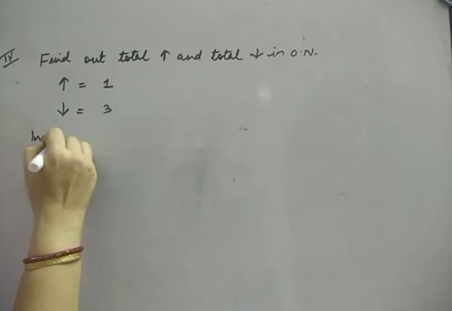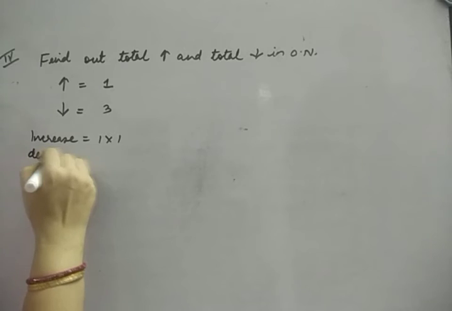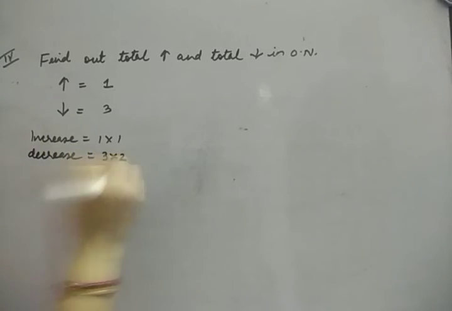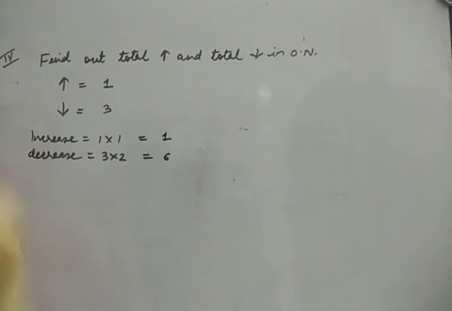So increase is 1 into 1. Why 1 into 1? Because left hand side also iron is 1 and right hand side also iron is 1. But decrease is 3, which is multiplied by 2. Why 2? Because if you closely see the equation, on left hand side there are 2 chromium atoms, but on right hand side only 1 chromium atom is there. So total increase is 1 and total decrease is 6.